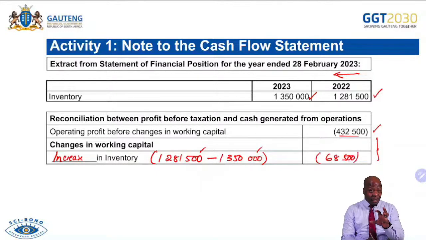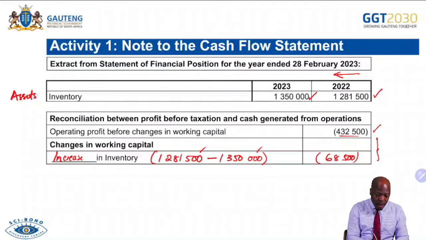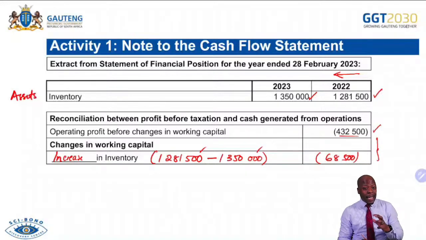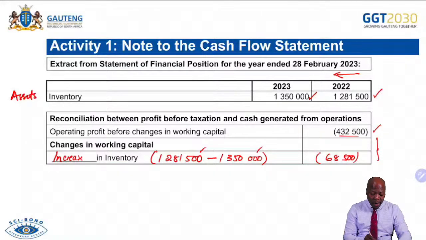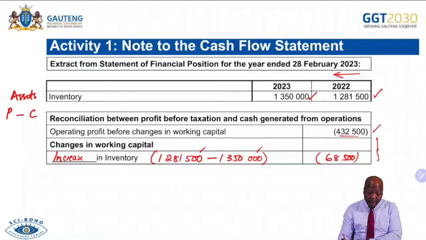So I want us to devise a formula together right now, that when we are looking at our assets, and inventory is part of them, if we want to know whether it's an inflow or an outflow, we can simply say the previous year's amount minus the current year. That therefore means 2022 becomes the previous year.